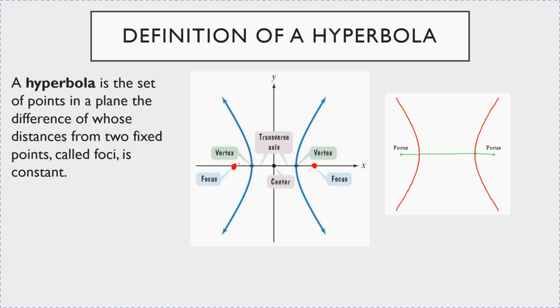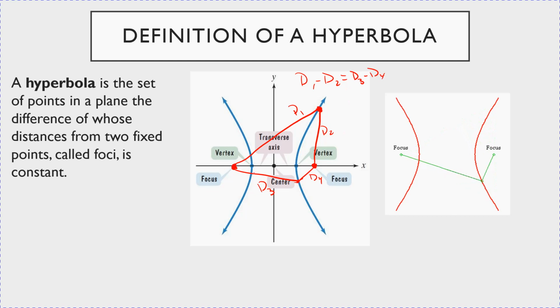So D1 minus D2 would be the same as this one here, where this would be D3 and this would be D4. They're all the same value.